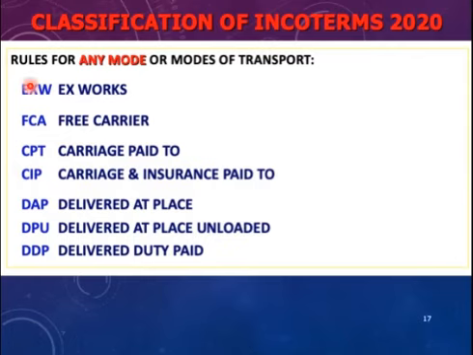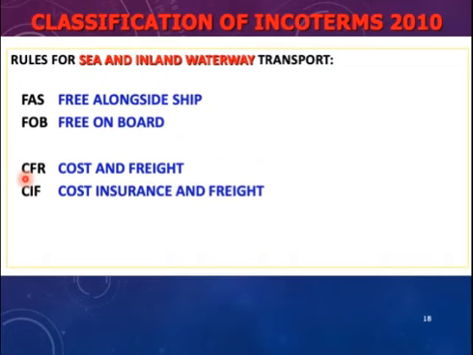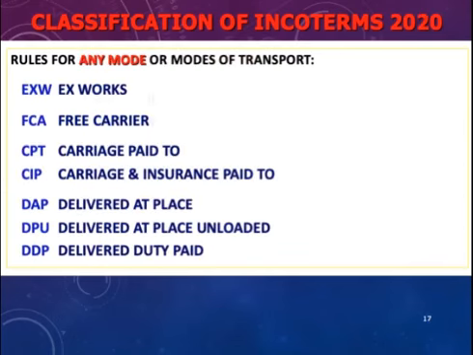For example, in the first group we have one rule, group E. The next group is group F, including FCA, FAS, and FOB. The next group is group C, including the rules starting with C: CFR, CIF, CPT and CIP. And the last group is D.